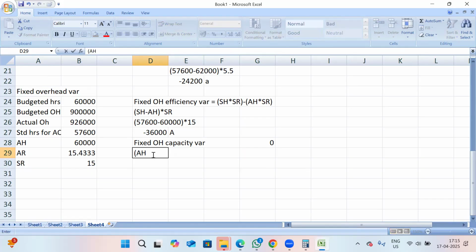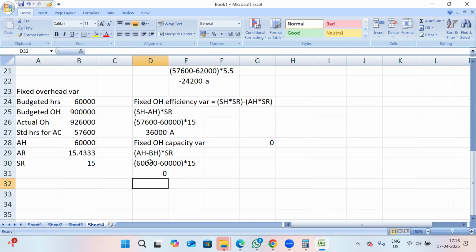Remember, if actual hours are more, the variance will be favorable. So actual hours minus budgeted hours into standard rate. Here actual hours and budgeted hours are both 60,000. So 60,000 minus 60,000 into my standard rate, that is 15. So I will end up with 0. If you remember the formula in this way, it will be very useful.